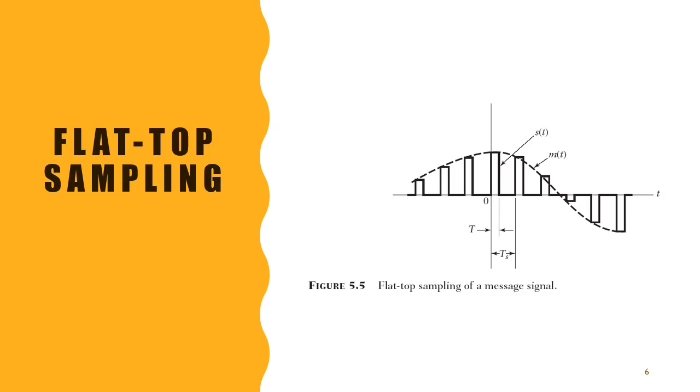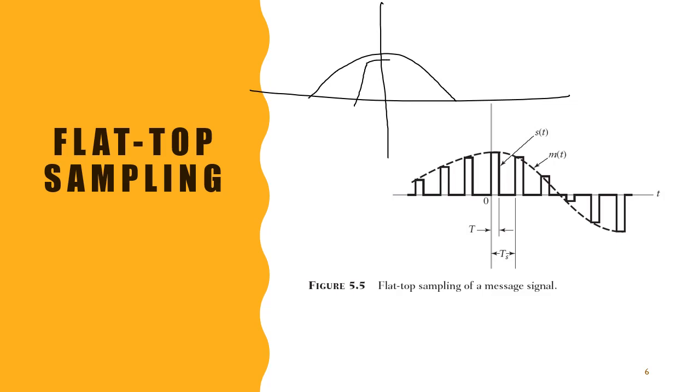If I try to represent the same flat top sample in case of my frequency domain signal, this would be the frequency domain signal which is going to exist. So I'll be having my original message signal present here, and then I'll be having the next higher set of frequencies which are going to be present, like in the case of natural sampling.